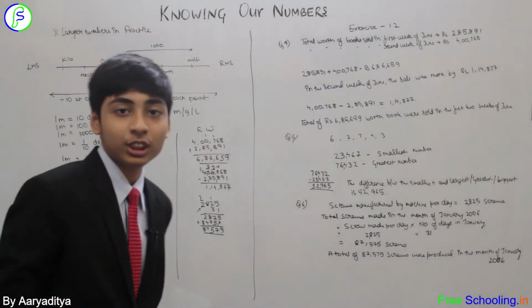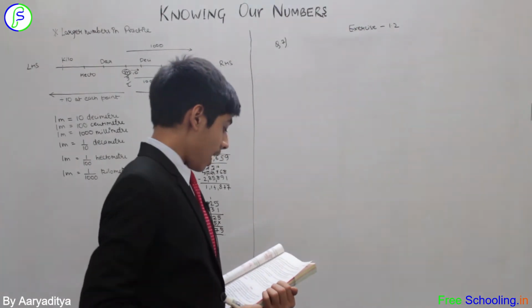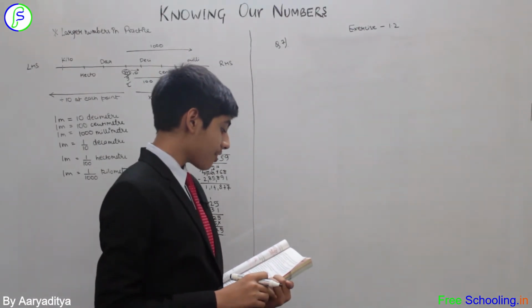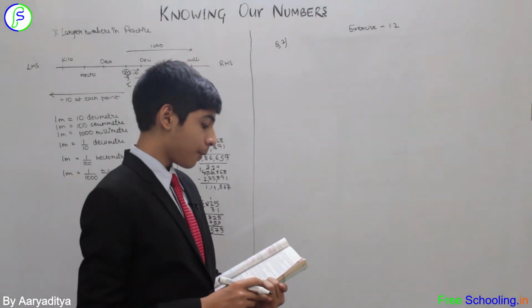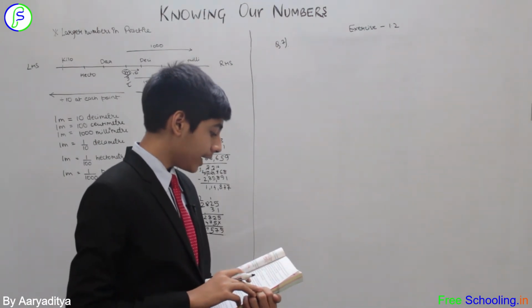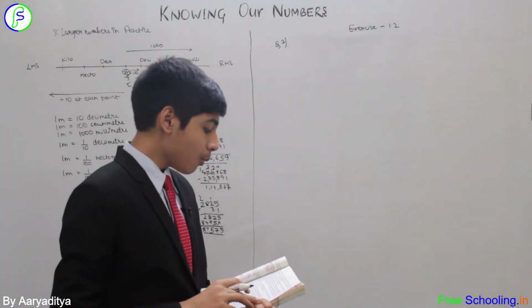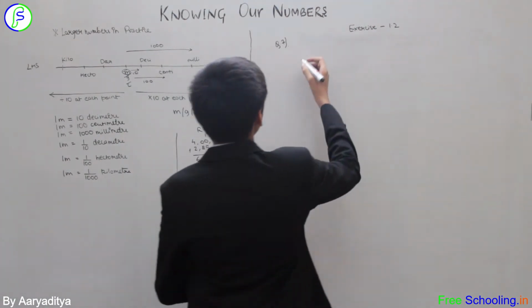So let's proceed to question number 7. What does question number 7 say? It says a merchant had 78,592 rupees with her. She placed an order for purchasing 40 radio sets at rupees 1200 each. How much money will remain with her after the purchase? So first, what do we need to write?